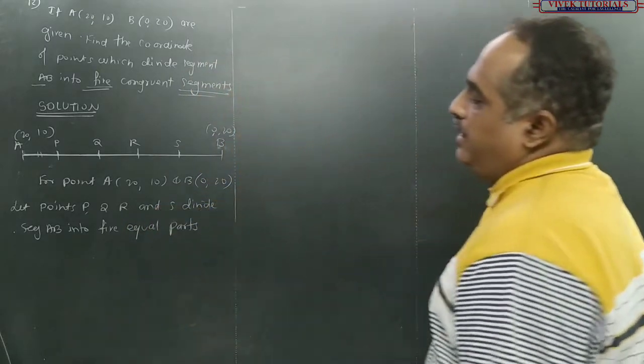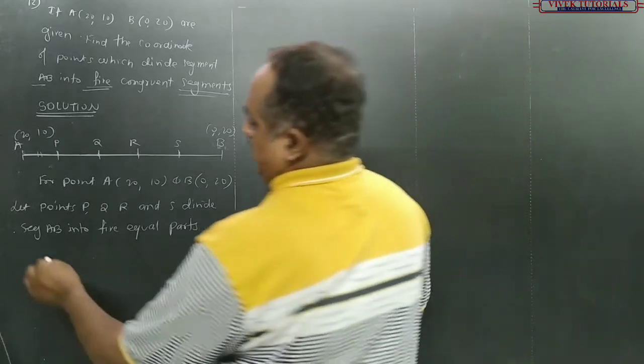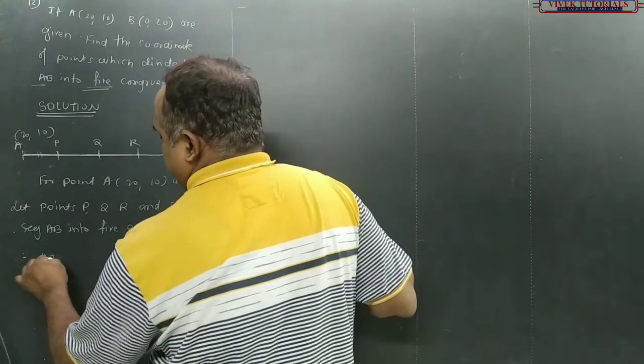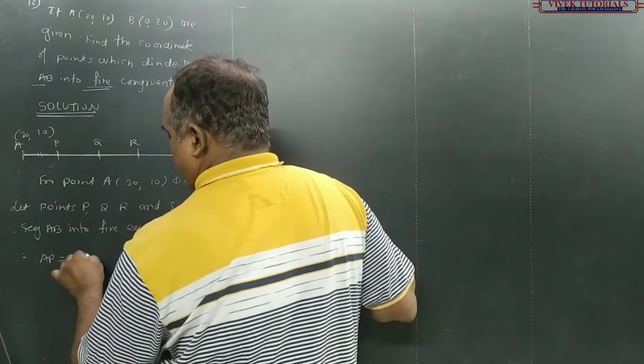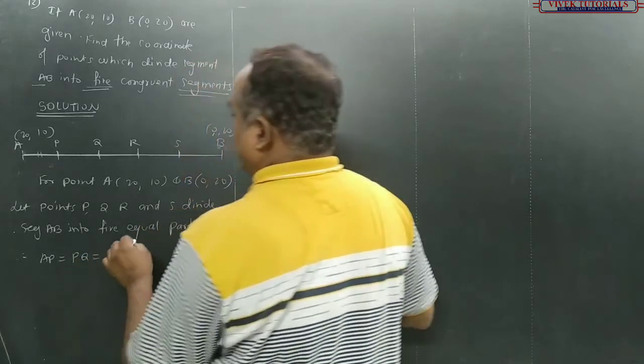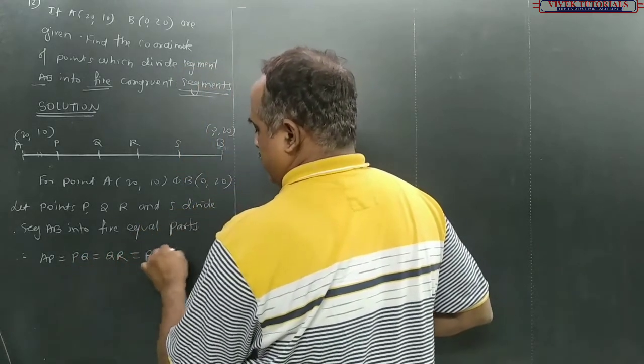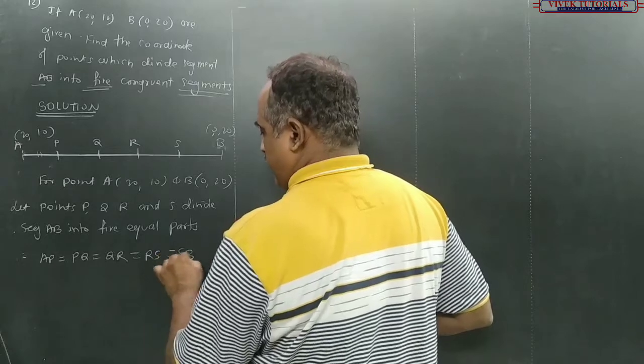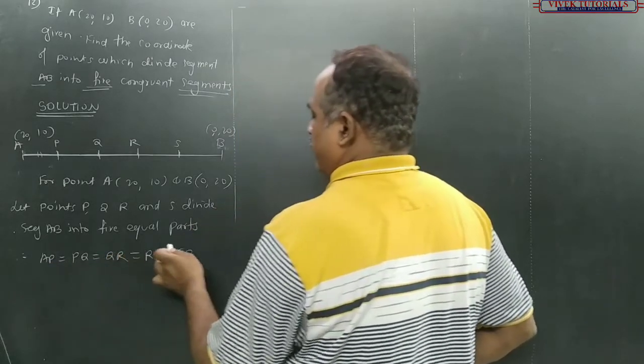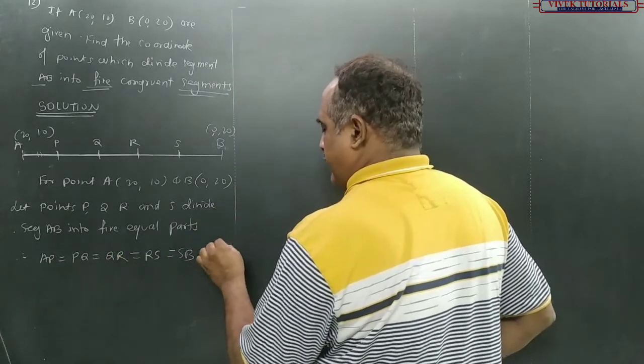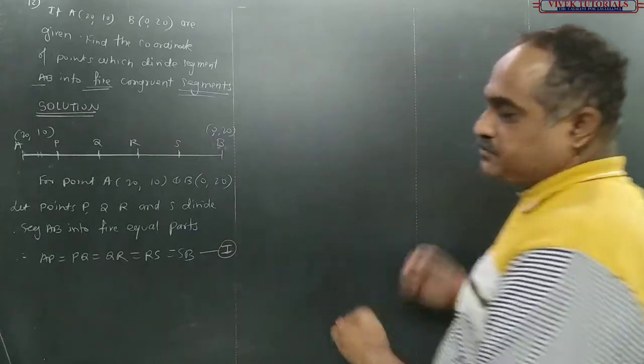So ultimately, AP is equal to PQ is equal to QR is equal to RS is equal to SB. 1, 2, 3, 4, 5. Then you can take it as equation 1.